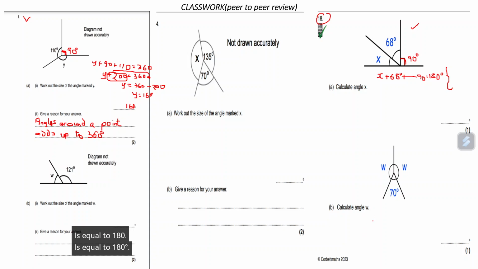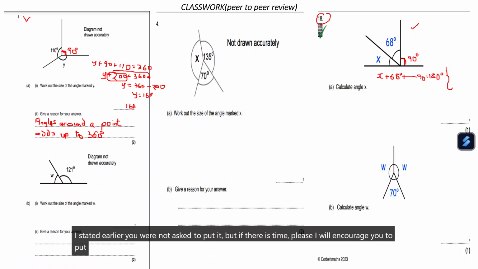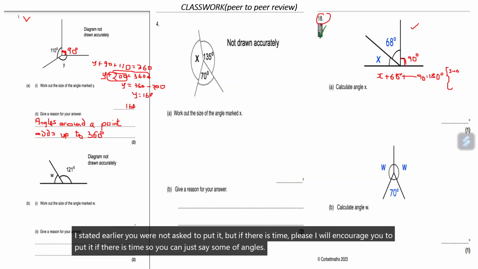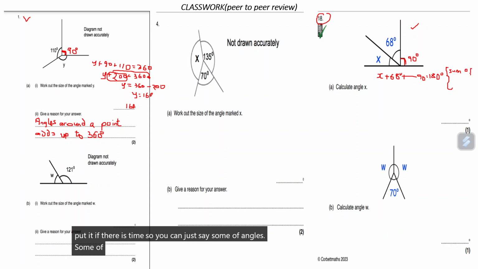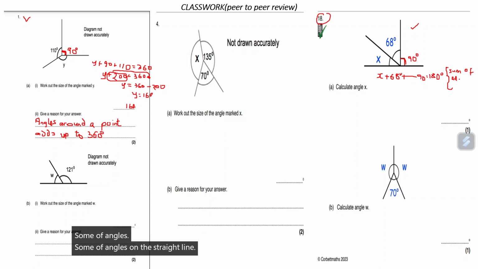Reason. As stated earlier, you were not asked to put it, but if there is time, I'll encourage you to put it. You can just say: sum of angles on a straight line. As simple and as short as that.